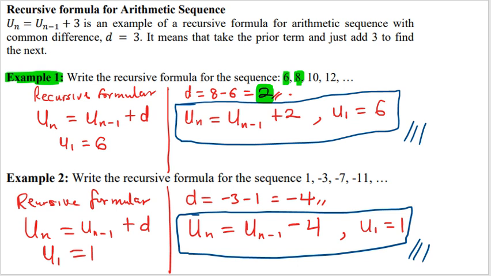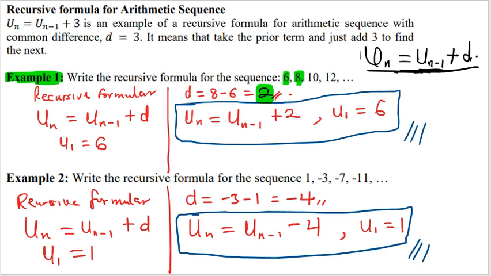As I said, we want to find the general term, which is un. But for a recursive formula, we must look for the term before this un, and that term is called un minus 1. Once we know the preceding term, un minus 1, we only have to add the common difference to it, then we will get un.